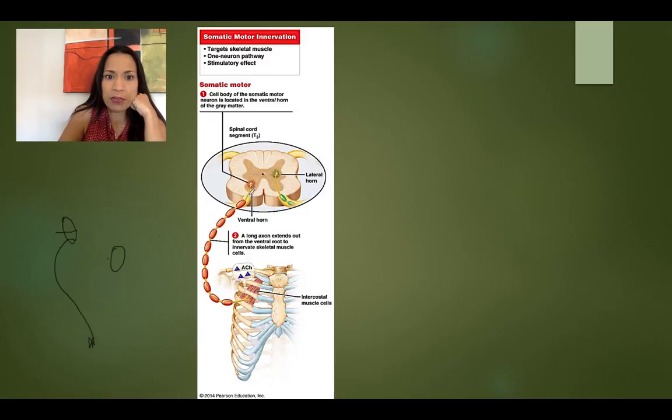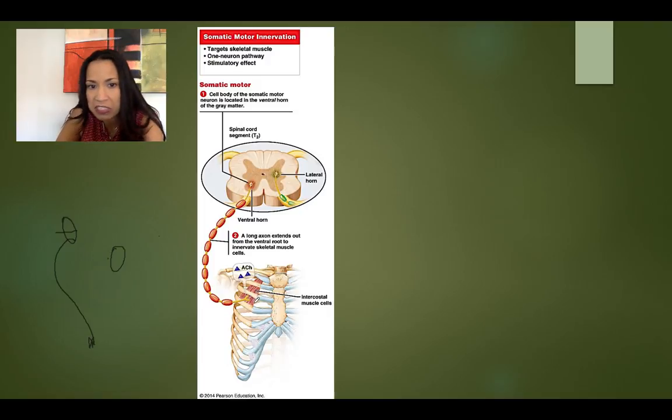The motor fiber exits through the ventral root and forms the spinal nerve. These are heavily myelinated axons. They're very thick, so the information in here travels really fast to reach the target organ.